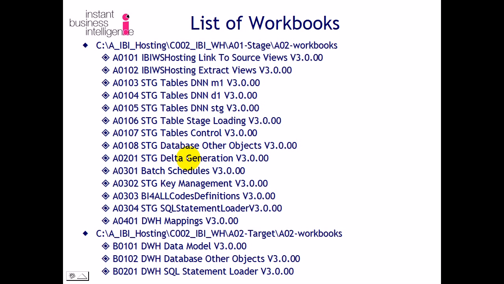Delta generation workbook, which we'll show you in the detailed presentation. Once you have all these things done, you need a batch schedule to process the data from the .NET Nuke database into the staging area through to the data warehouse. There is a workbook that's needed just once at setup time for key management. So you need to create some keys and you need to set your keys, and so there's a workbook for that.